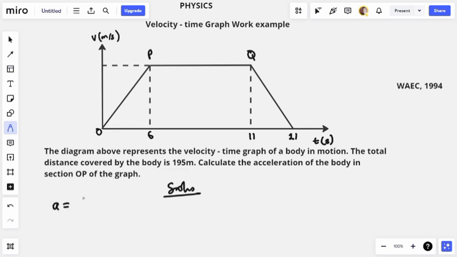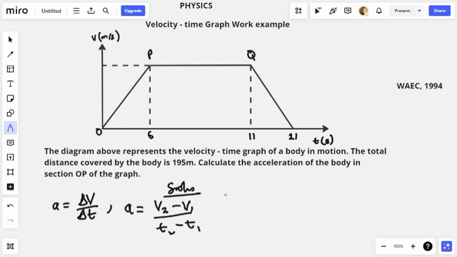Acceleration a is change in velocity over change in time. Our vertical axis represents velocity, horizontal axis represents time. So the acceleration of OP will be a equals V2 minus V1 over T2 minus T1.